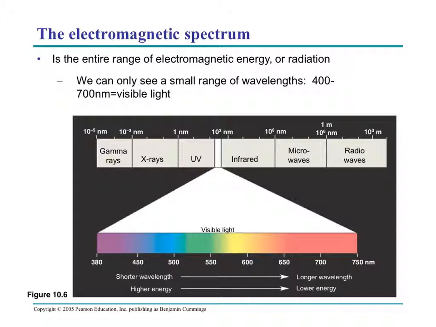Okay, so just as a review, this is the electromagnetic spectrum, and you can see that we have broken out the visible light here, but it's a very small slice of the electromagnetic spectrum.